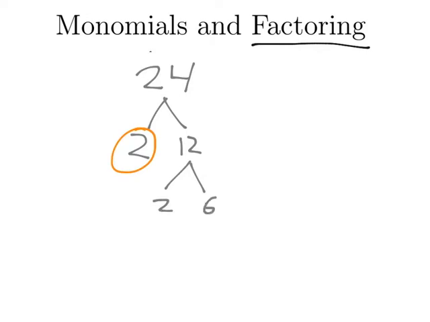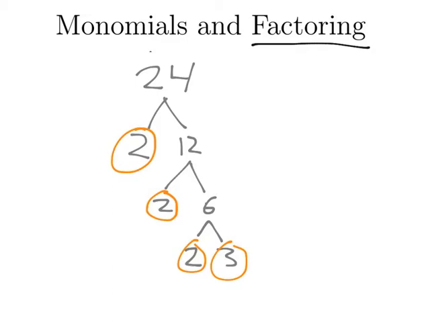Now it doesn't matter if you pick 2 and 6, or 3 and 4, you'll get the same answer in the end. Anyway, 2 is a prime number, so I stopped that branch there. And 6 is a composite number, and 6 is made up of 2 and 3, and those are both prime numbers. So what does this tell us?